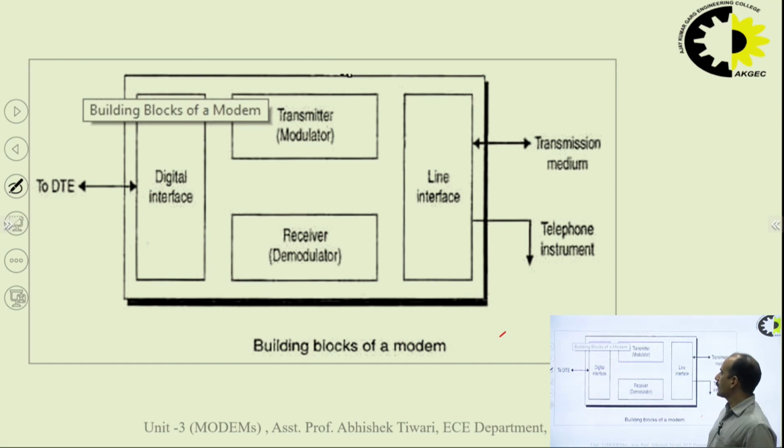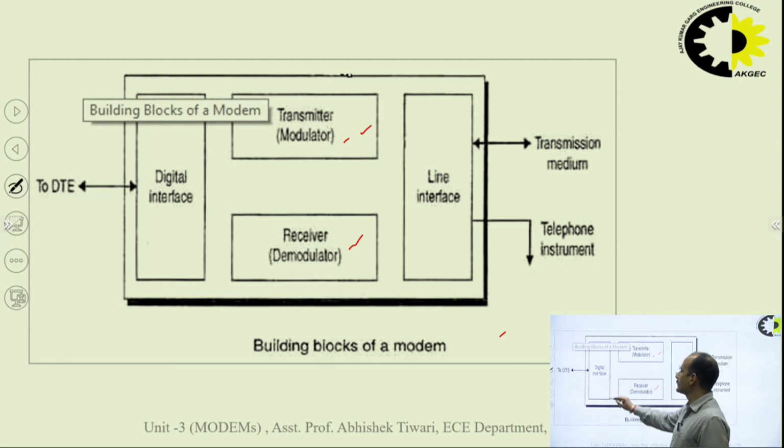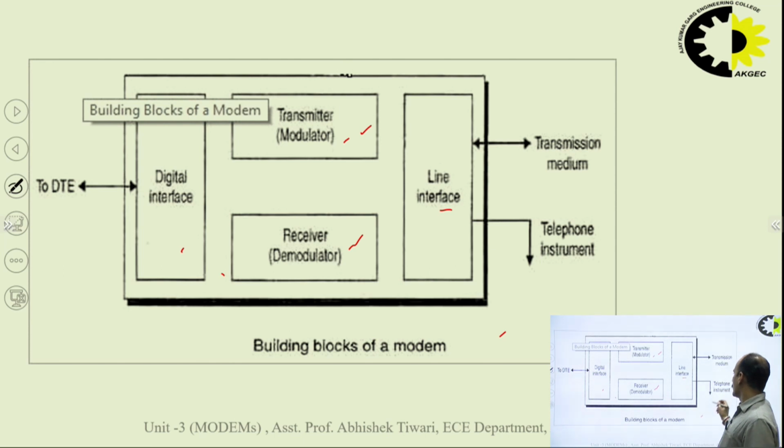In a modem, there are two parts, the transmitter and the receiver. The transmitter performs the modulation, and the receiver performs the demodulation. Other than that, there is a digital interface that connects the data terminal equipment, DTE, to the modem, and another is the line interface, which connects the various telephone instruments or transmission medium through the modem. So, this is the complete structure of a modem.